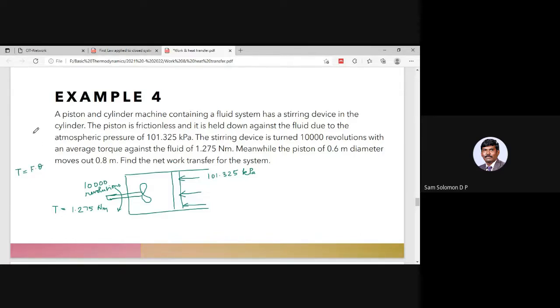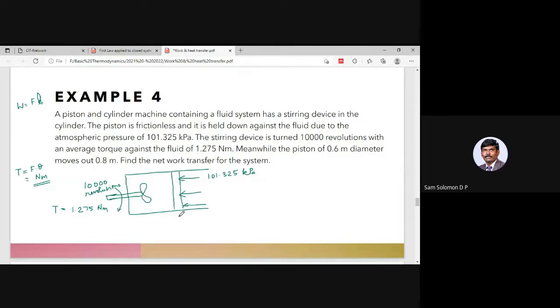Okay, so just like you have work done is force into displacement, here you have torque in the form of force into theta. So here you have got the units in Newton meter, which is similar to work. Okay, so torque is 1.275 Newton meter.